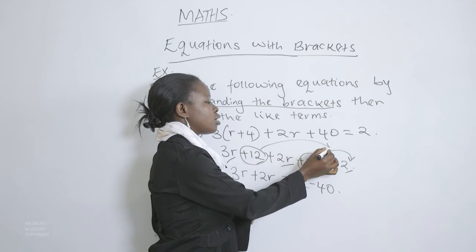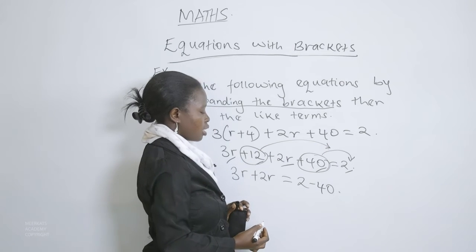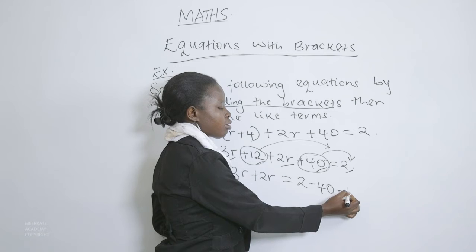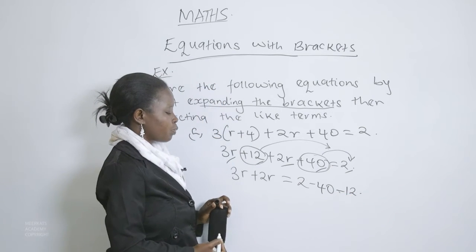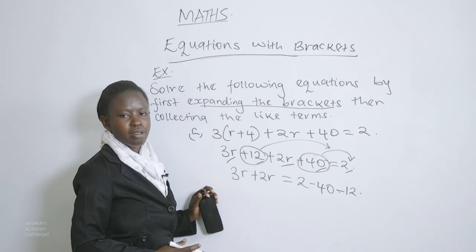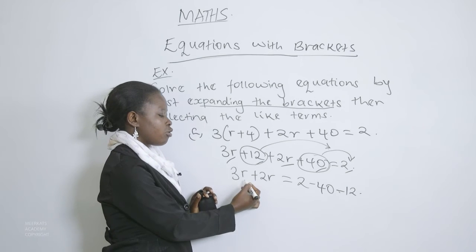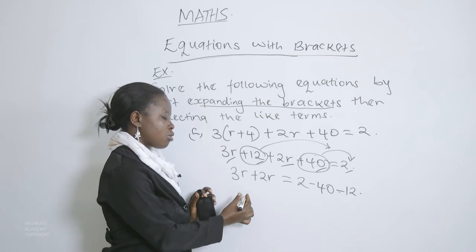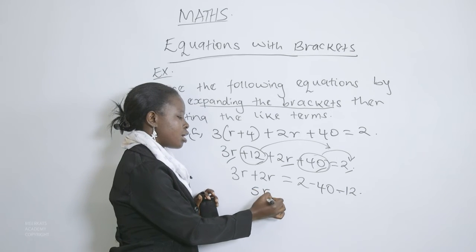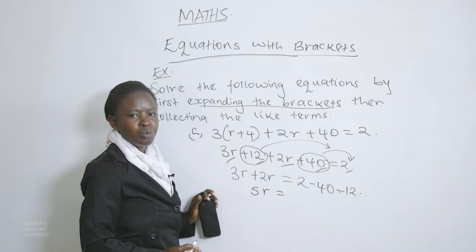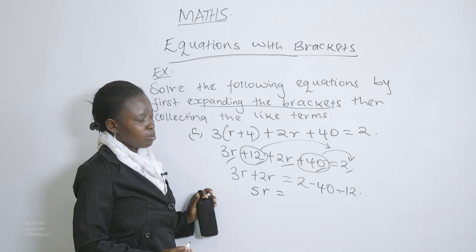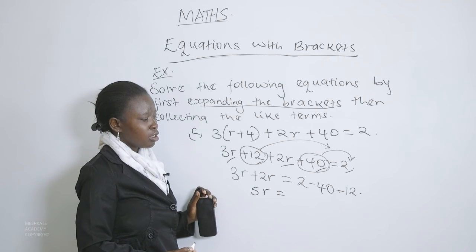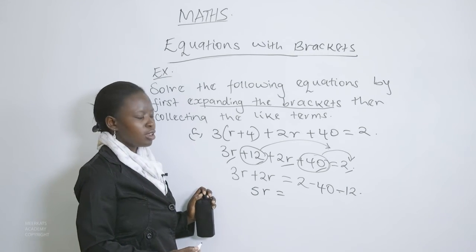When it crosses the equal sign, it becomes negative, so that we have minus 12. So 3r plus 2r, the coefficients are 3 and 2, so 3 plus 2 is 5. So that gives us 5r will be equal to 2 subtract 40 gives us negative 38.